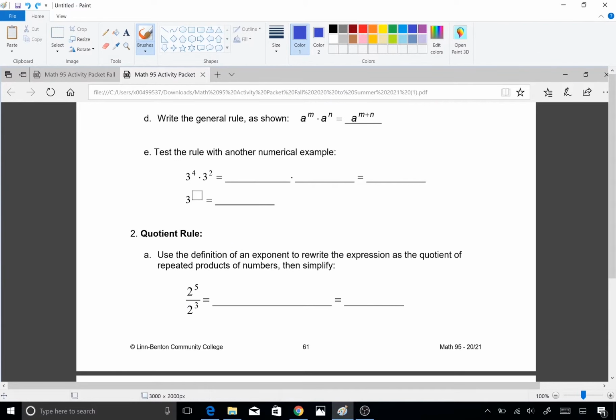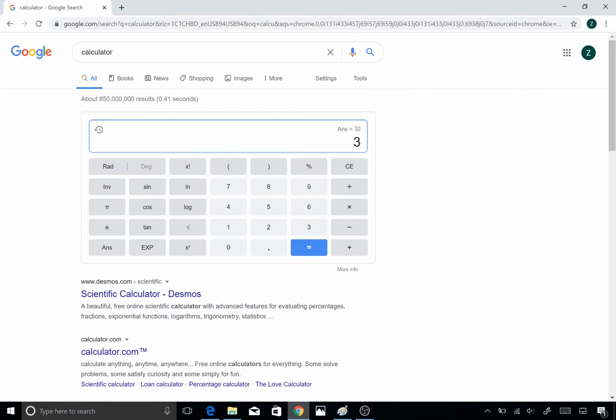Now we'll test this rule. 3 to the 4th is 81.